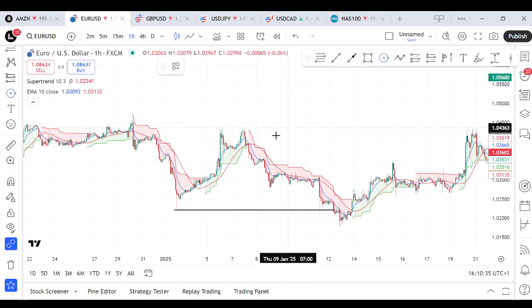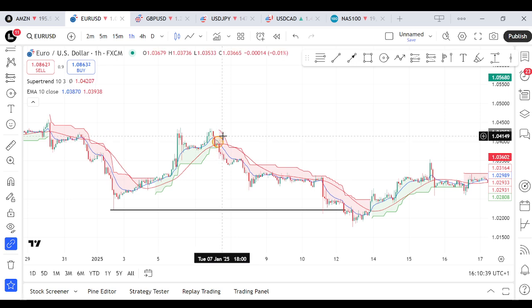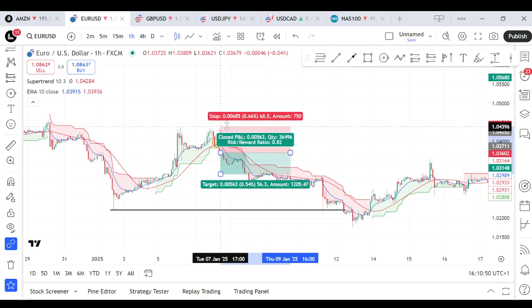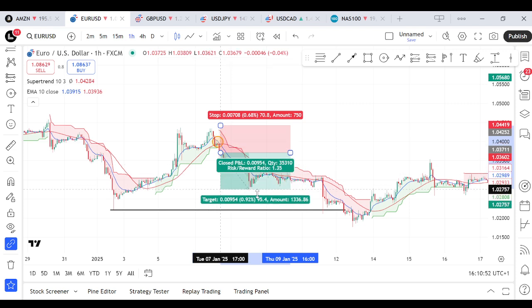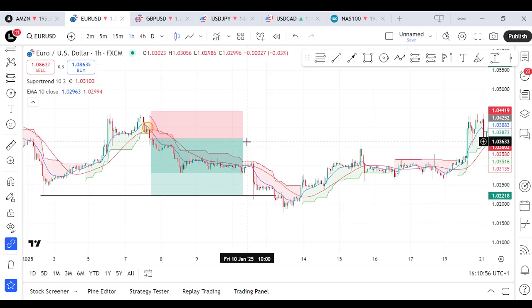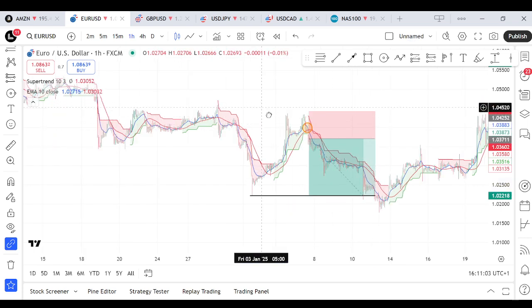And now we have the cross happening here, and at the same time we also have price going below the Supertrend line and price turning red. And so we could just look to take our sell trade at the opening of the next candle after our confirmations. Stop loss above that high with our take profits all the way down, and we had a 1 to 2.11 risk to reward ratio. That's how we're able to take part in this trade.